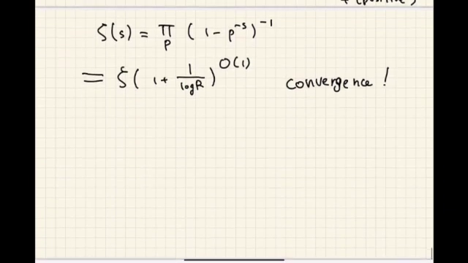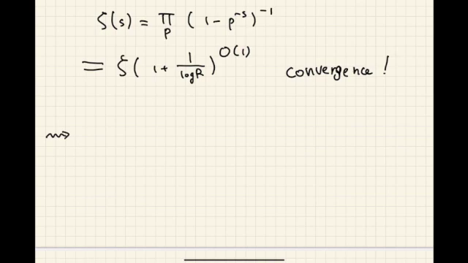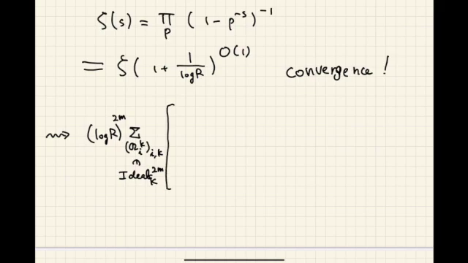So what does this convergence tell you? Recall that we were considering the following expression. So I slightly rewrite the integration part.